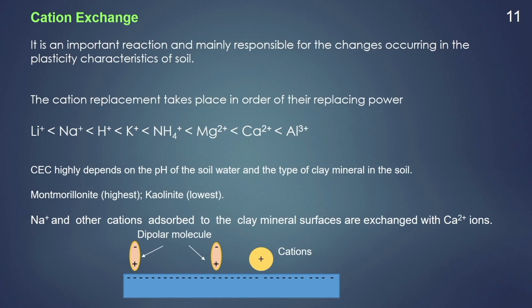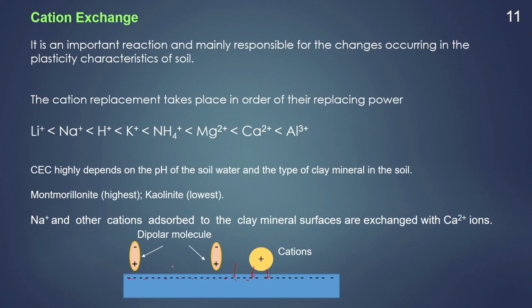Under the cation exchange, we know that the soil has different types of cations, that is, the exchangeable cations. When we take a soil, there are negative charges on the surface and there will be exchangeable cations. During the cation exchange process, the calcium ion removes the exchangeable cations and thereby it goes into the soil surface, or it will stick to the soil surface.